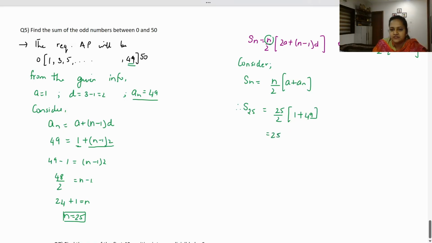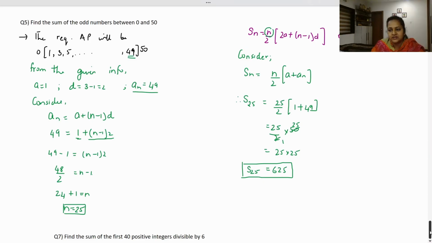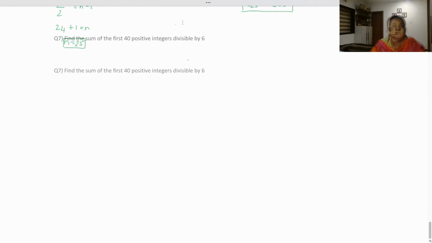So this gives us 25 by 2 into 50, which is 25 into 25. 2 ones are 25, and 25 into 25 is, correct? 625. So what is the sum of all the odd numbers between 0 and 50? 625.